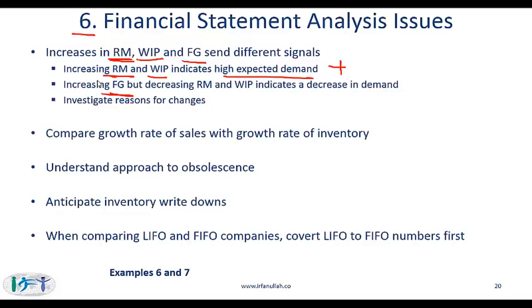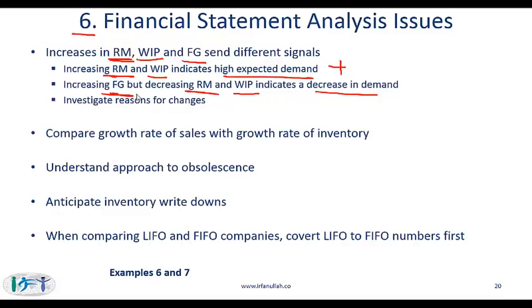Now then it depends. If finished goods is increasing, but the raw material and work in process is decreasing, then it might appear that there will be a decrease in demand, or there is a decrease in demand, because when does finished goods inventory build up? One of the reasons might be that people are not buying, the customers are not buying.